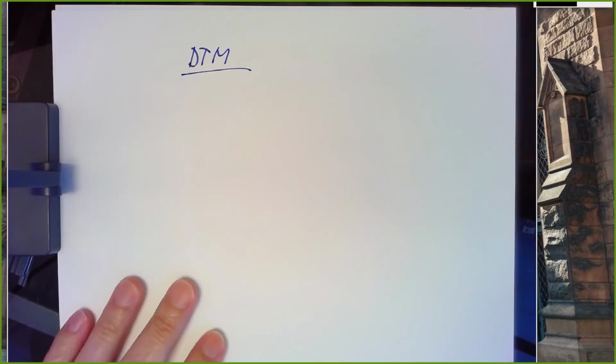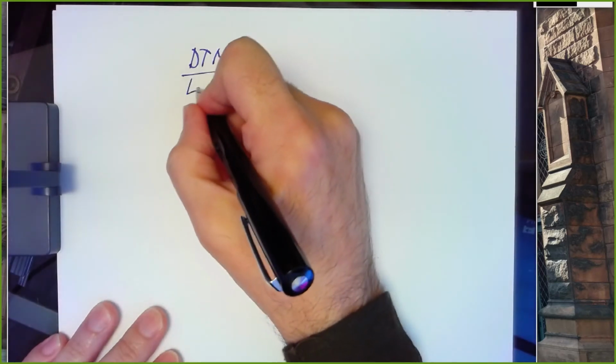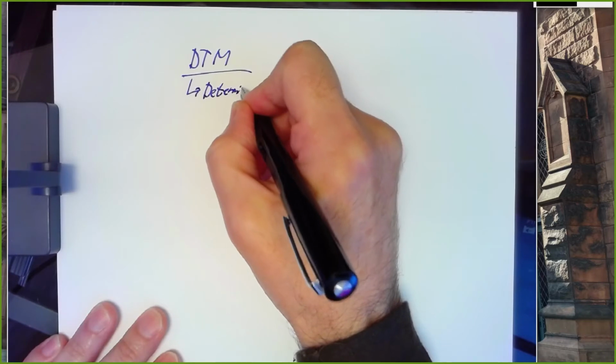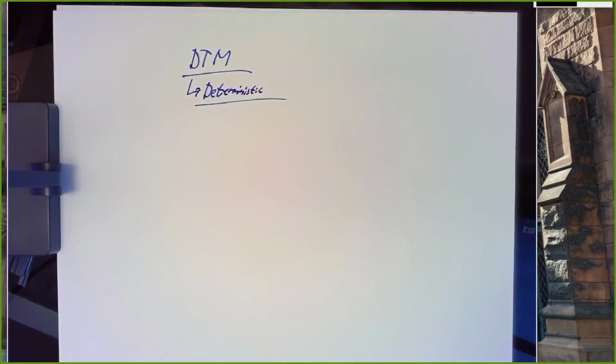These Turing machines we've been talking about are sometimes called deterministic Turing machines. Okay, so the D is deterministic. What does deterministic mean? It means that it's predictable. It's not random. There's some procedure one could follow to decide what this machine is going to do.